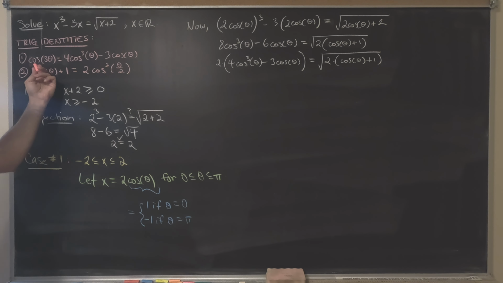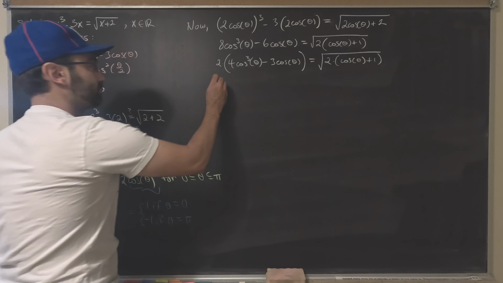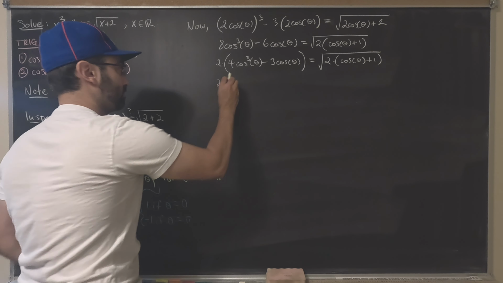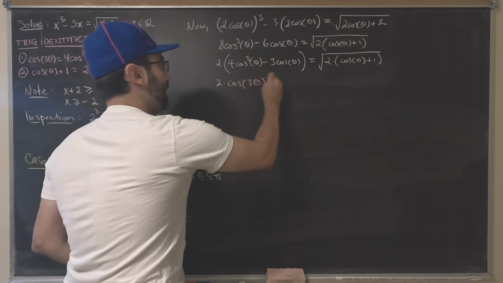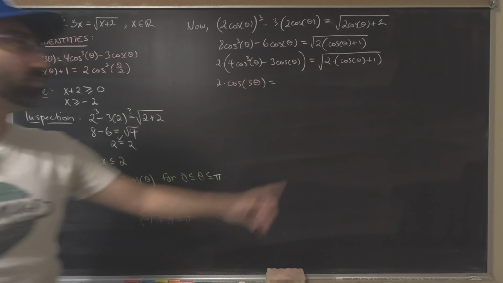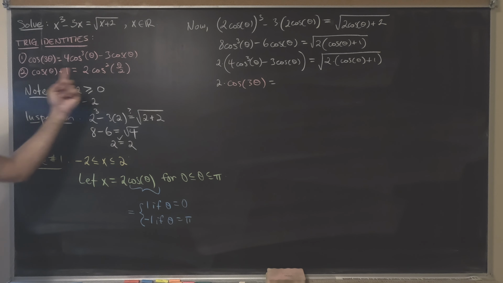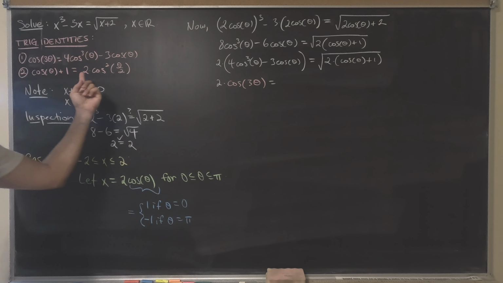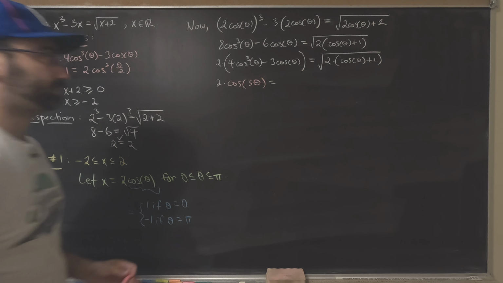So we can replace this with cos of 3 theta. And on the right-hand side, we also have cos of theta plus 1, but that's this identity here. We can replace what's in the radical with 2 cos squared of theta over 2.